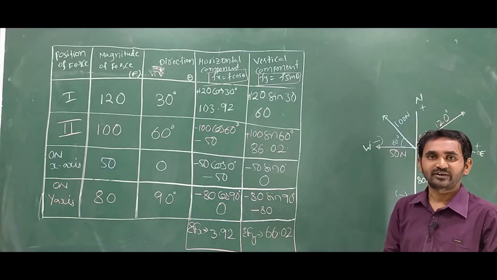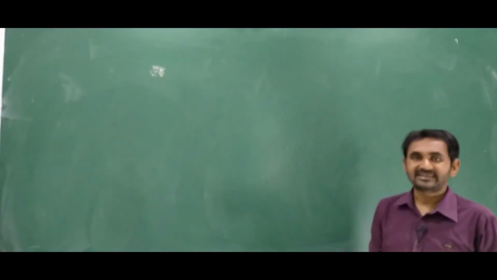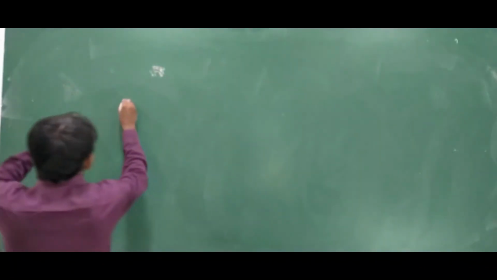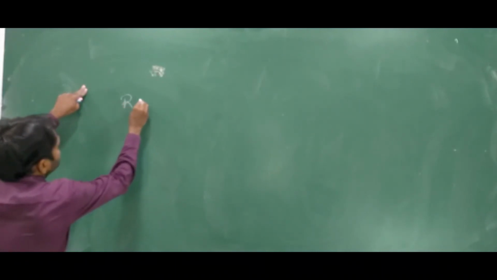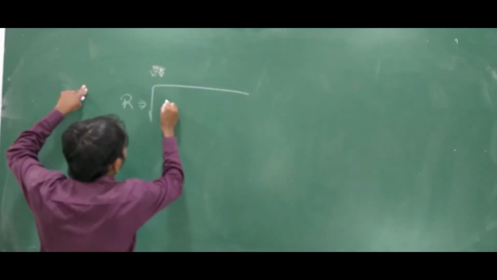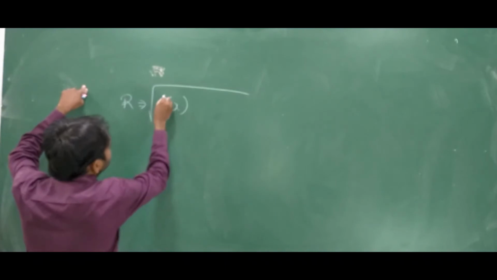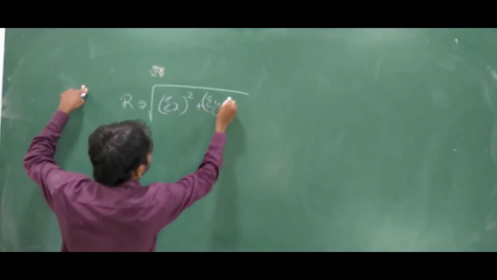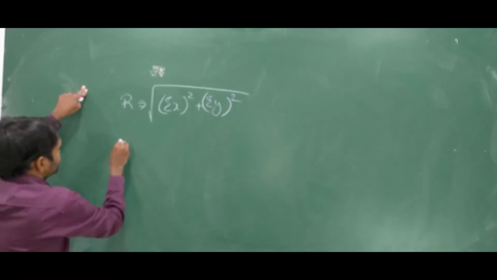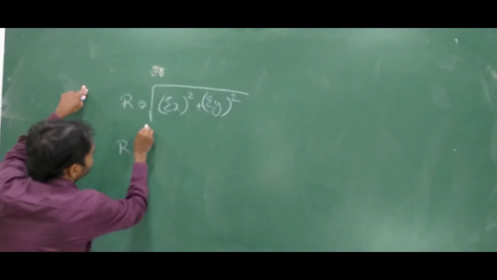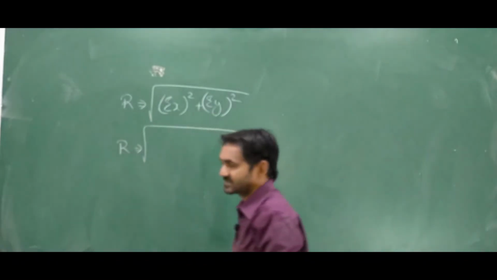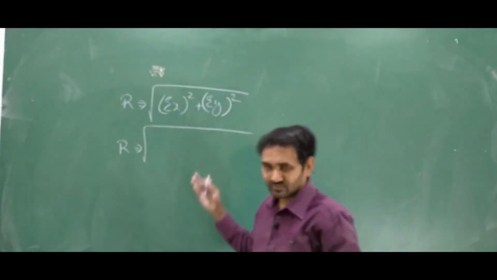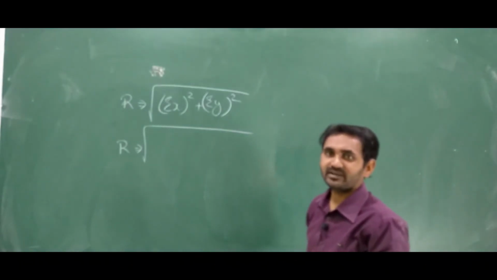Now you got sigma x and sigma y. Let's find out the resultant force, that is R equal to square root of sigma x square plus sigma y square. So what is sigma x? Just now we have seen that it is 3.92.